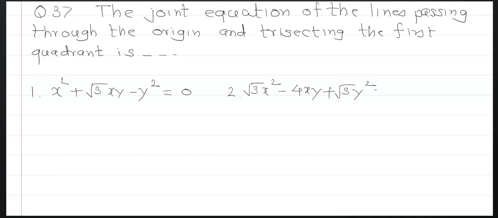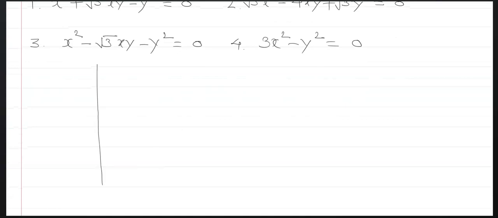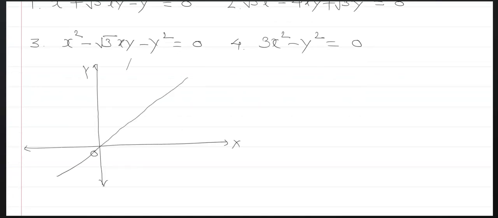Second, root 3 x square minus 4 xy plus root 3 y square is equal to 0. Third, x square minus root 3 xy minus y square is equal to 0. Fourth, 3x square minus y square is equal to 0.